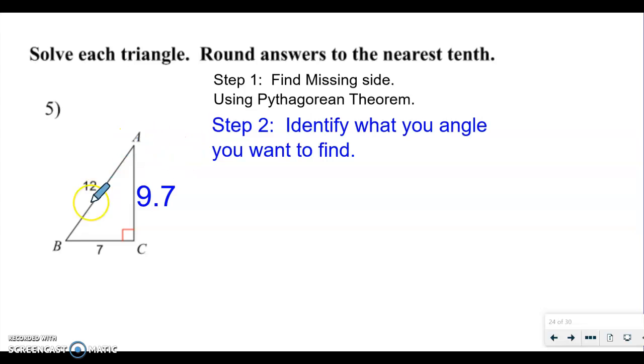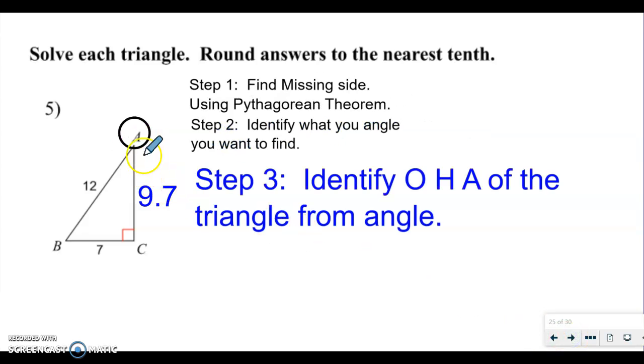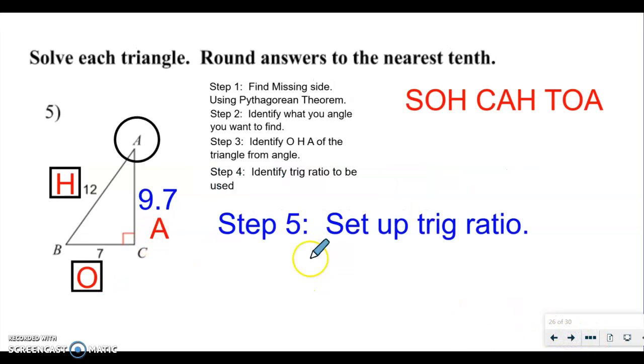And we're going to identify the angle we want to find. So I did B last time. Well, let's do A this time. Okay. All right. So we're looking at A, and then we're going to identify the opposite, hypotenuse, and adjacent side. So this is your hypotenuse. This is your opposite. That's your adjacent. All right, so set up the trig ratio.